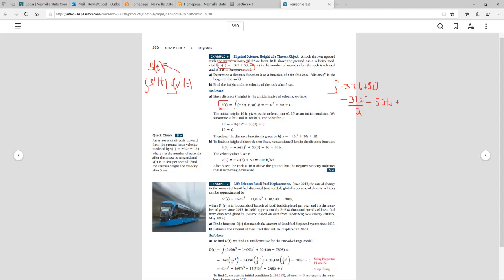And that's only temporary because we do have some initial conditions, right? But this is the general antiderivative of the velocity function.